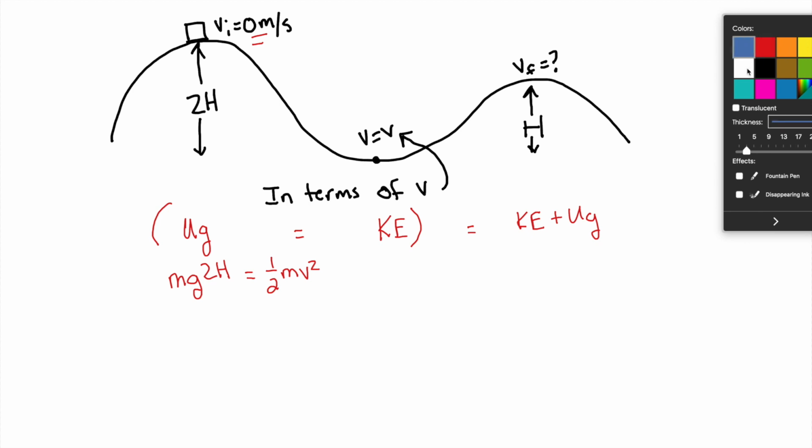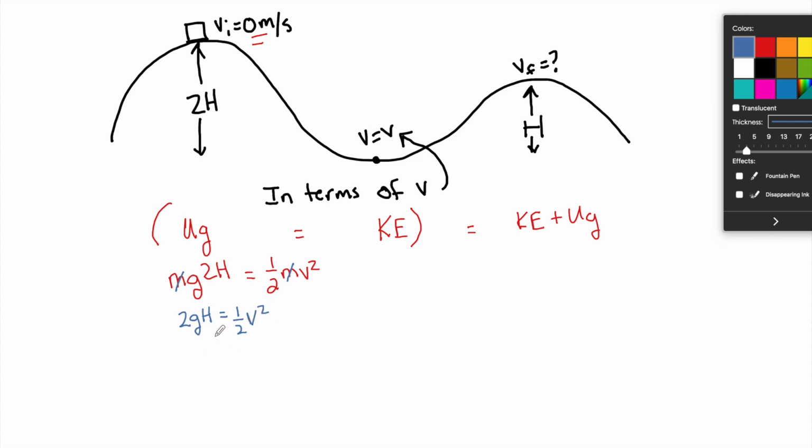When we set that up, we can see that these m's are going to cancel out. I'm going to bring this 2 out in front just to make the math a little bit easier and clean that up. So we can say that 2gh is equal to 1/2 v squared.